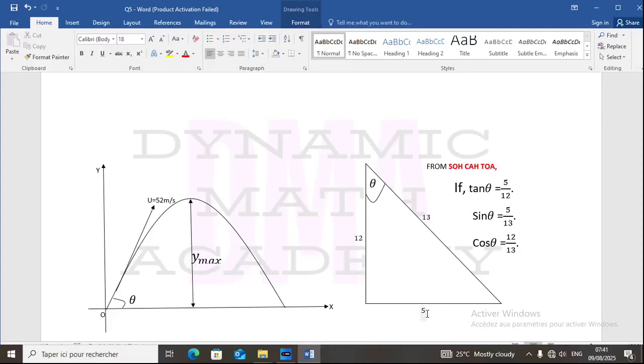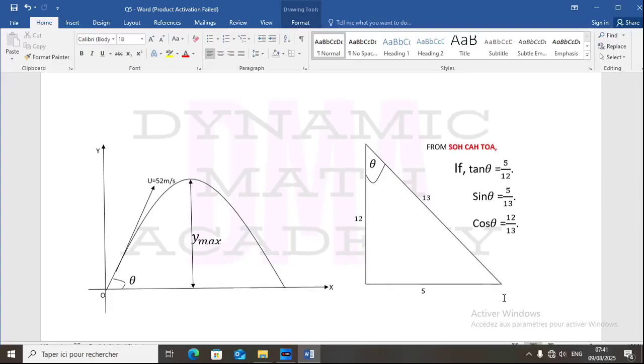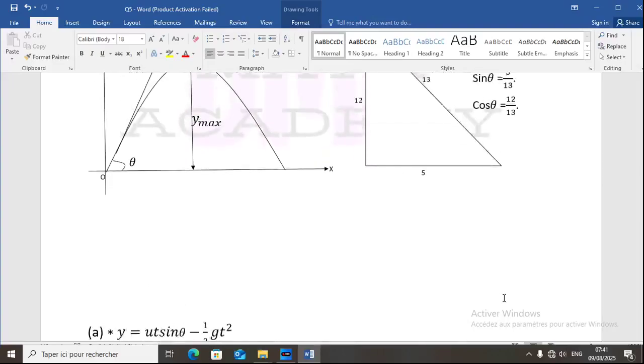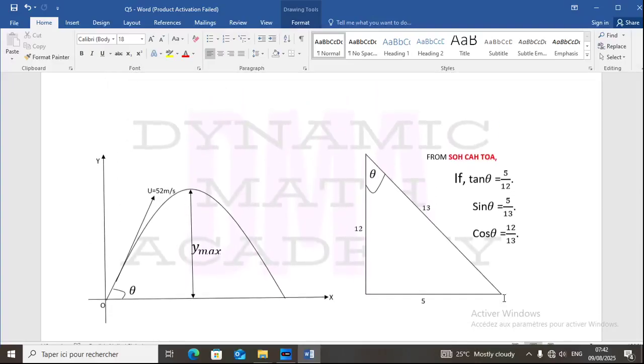So the opposite to this angle here is 5 and the adjacent to this angle is 12. The remaining side is this length here, and to look for this length, we simply apply Pythagoras theorem.